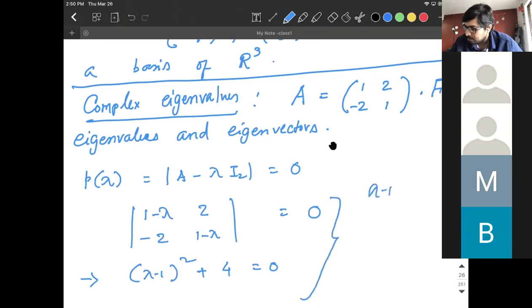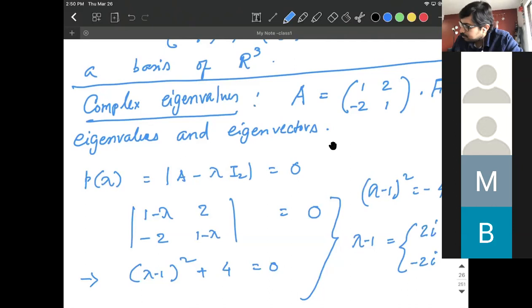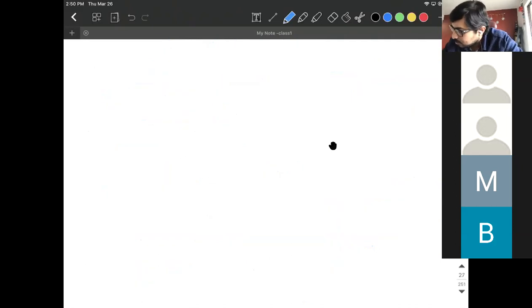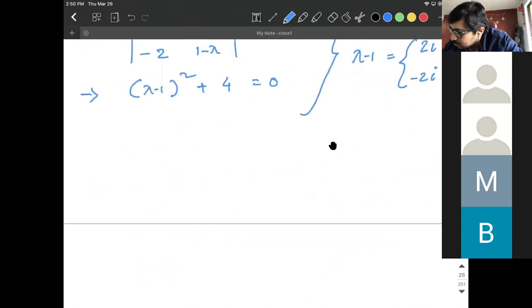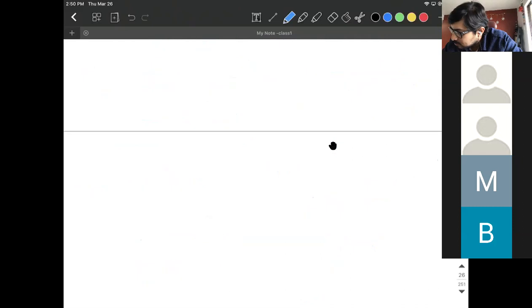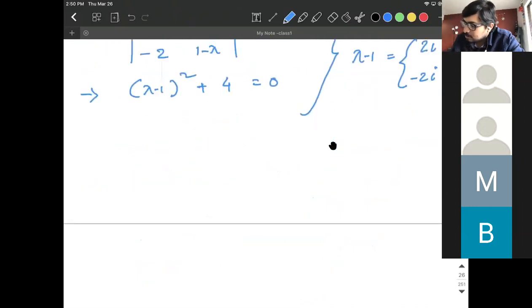So (lambda minus 1) square equals minus 4. So lambda minus 1 is given by either 2i or minus 2i, as in the previous example that we solved. So hence the eigenvalues are lambda 1, 1 plus 2i, and lambda 2, 1 minus 2i.